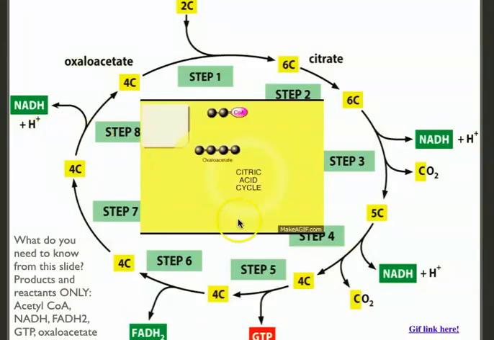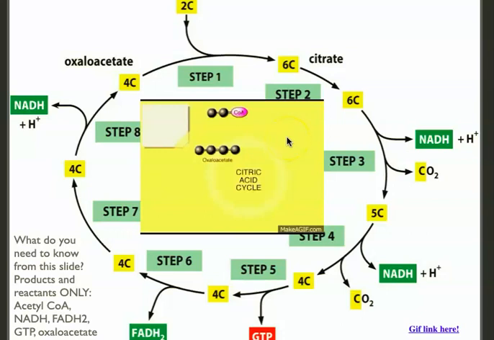So let's go back to the TCA cycle, and we see that we make NADH in a number of places. We also make FADH2. And each of these, you could actually multiply by 2 because we have 2 molecules coming in here. Again, this is because in glycolysis, we split the original glucose molecule into 2.